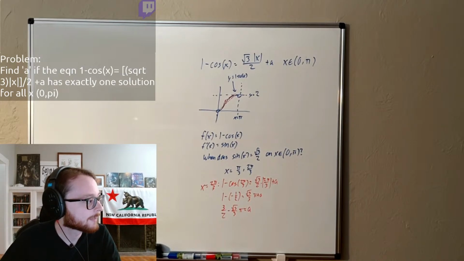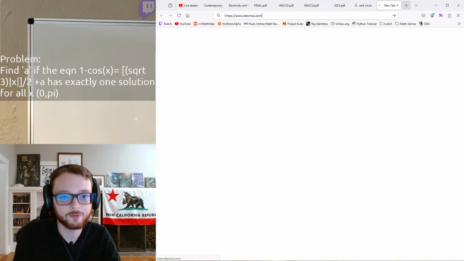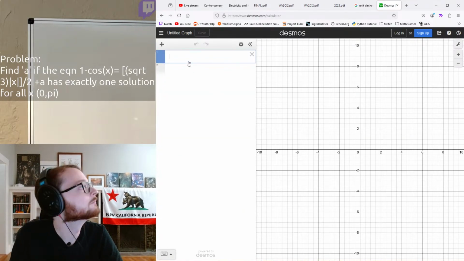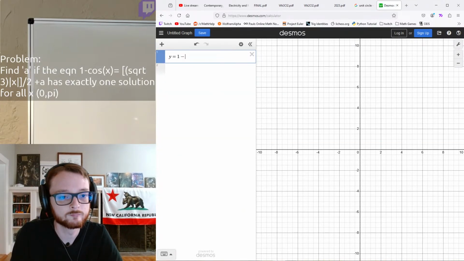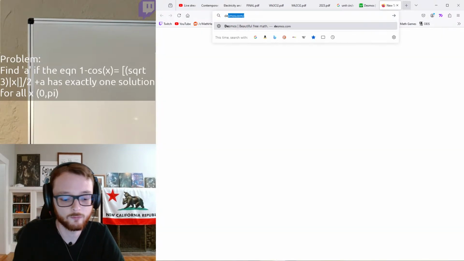Let's go to the graph though, because this actually requires a little bit of exact graphing if we want to do it graphically. Like better than I can draw at least. How do you do an interval?